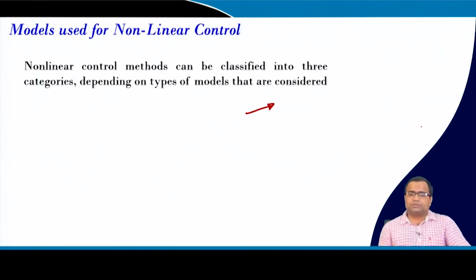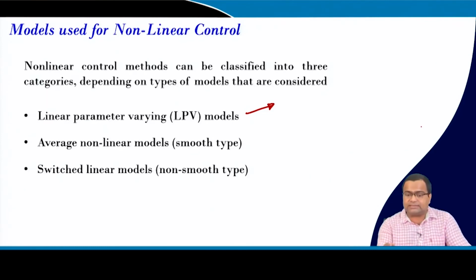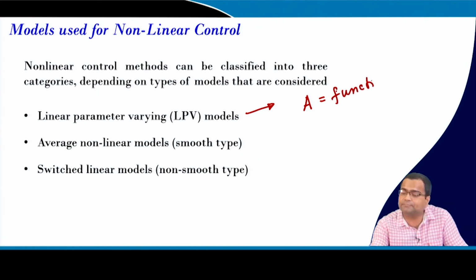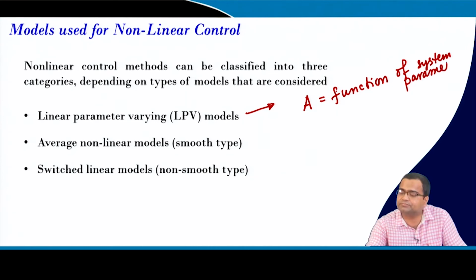Okay. So, that is why this is called a linear parameter varying model, where the A matrix is a function of system parameters and operating condition.